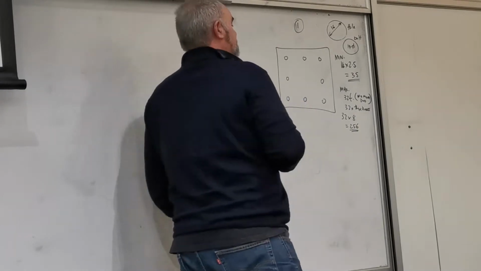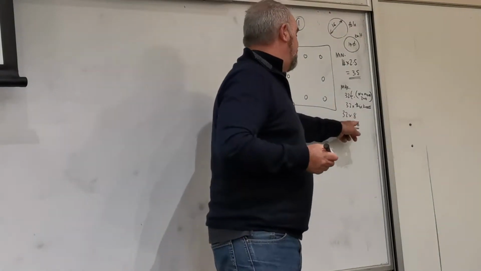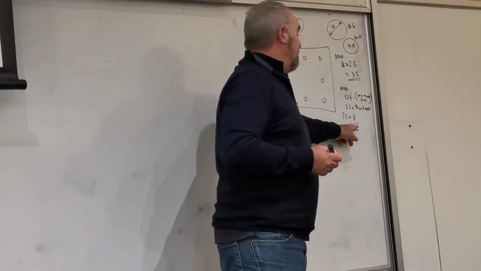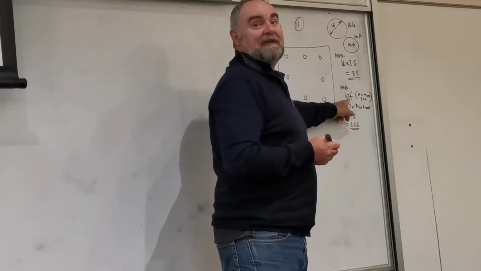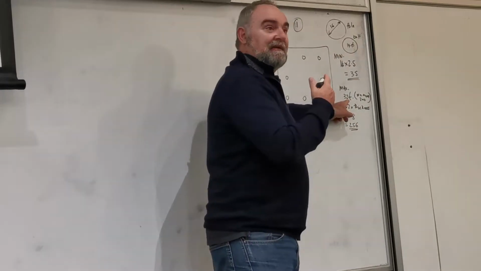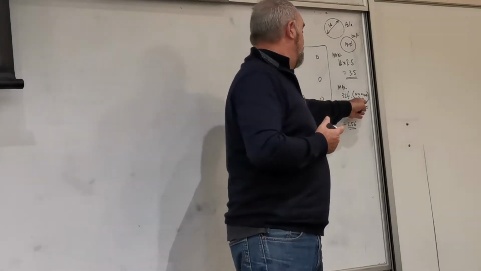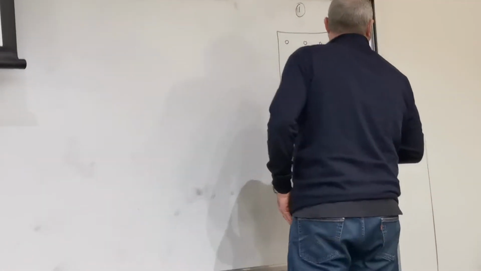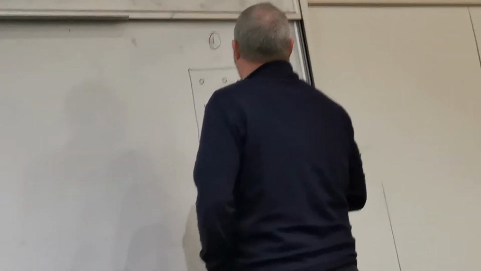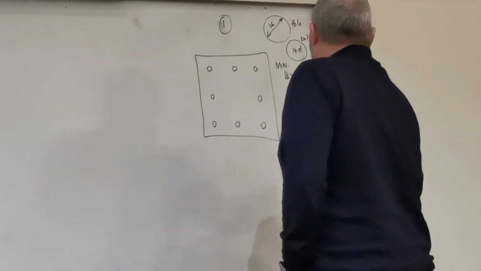So if, for example, that had been 10mm plate, that would have been 320, so the number would come back to 300. So there's a proviso there of no more than 300. So 256 is our max.